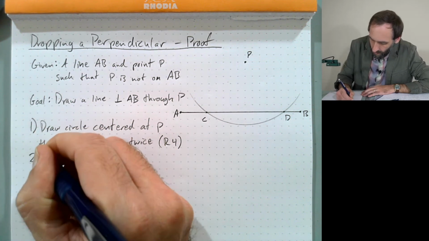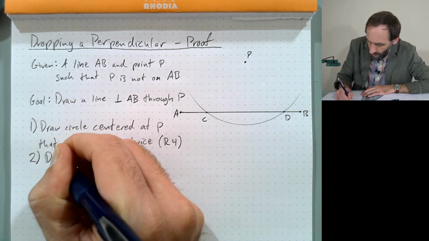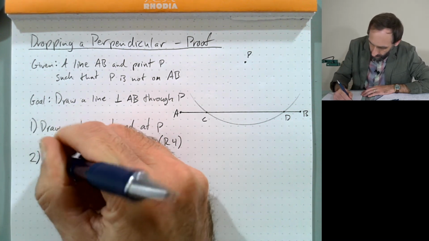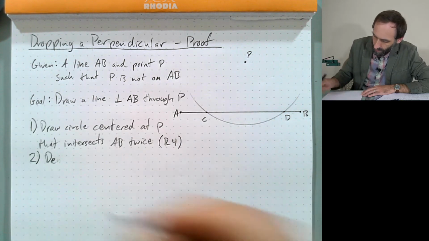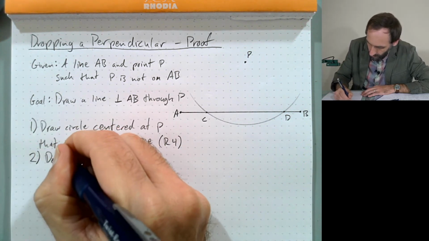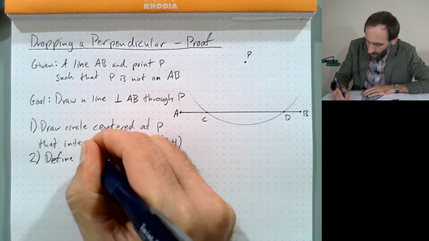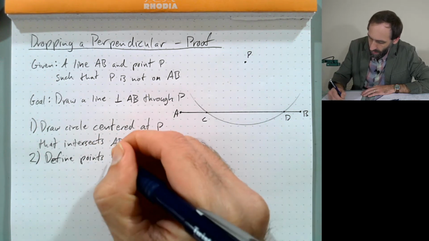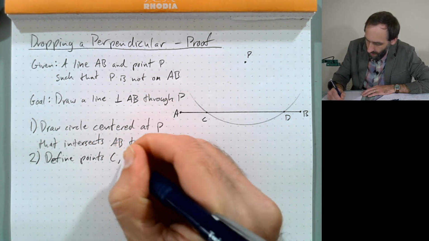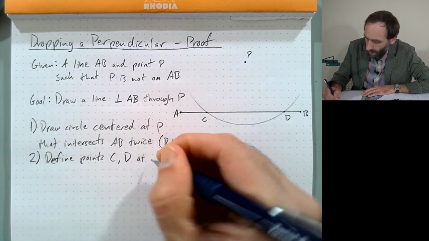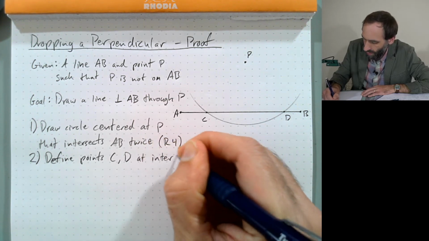Step 2, define the points C and D at the intersections.